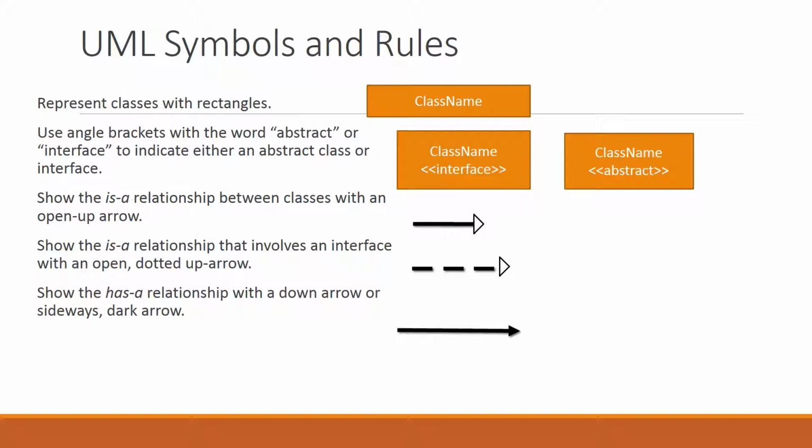If we're doing that with an interface, it's dotted lines and an open arrow. I do not have an example of that, but know that that would be on the very top. And then the has-a relationship is a down arrow or sideways arrow, dark and colored in.